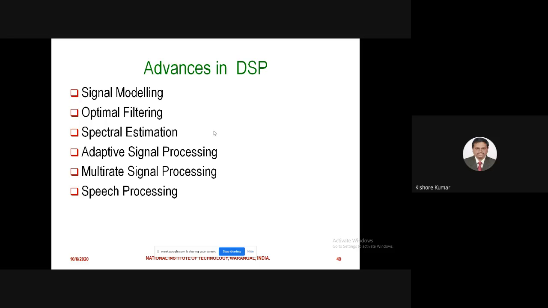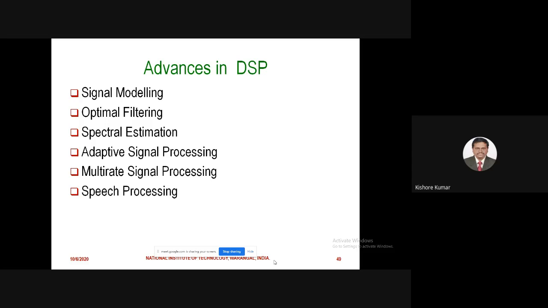Then in parametric estimation, there are three fundamental models that everybody knows. One is the auto-regressive method, the second is the moving average method, and the third is the ARMA model, that is, the auto-regressive moving average model.